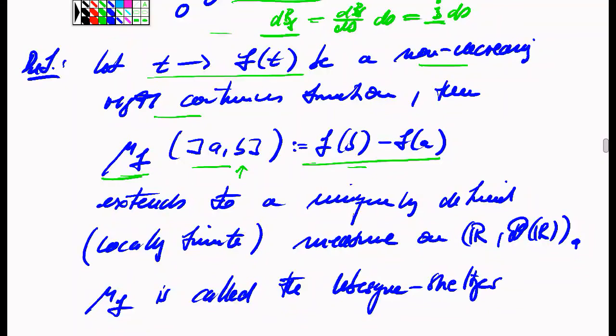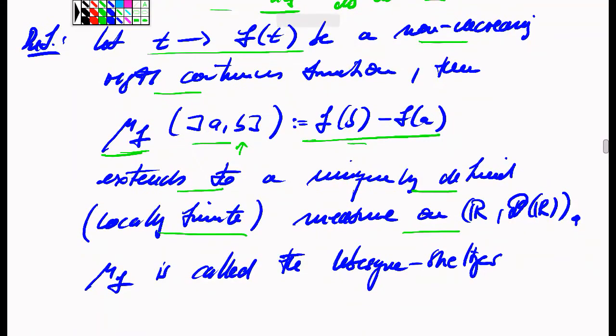That's a function which gives to every finite half-closed interval a certain number, and then we can check easily using Carathéodory's theorem that this gives a consistent pre-measure on the ring which is generated by these half-open intervals, and this then extends uniquely to a locally finite measure on the Borel sigma field. This measure mu_f, which we have constructed in this fashion, is called the Lebesgue-Stieltjes measure associated to the function f.